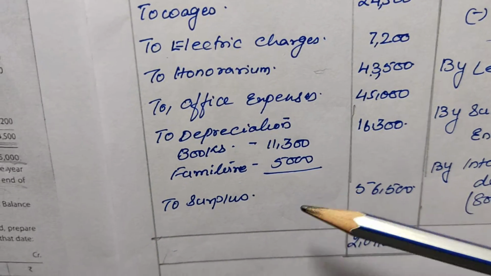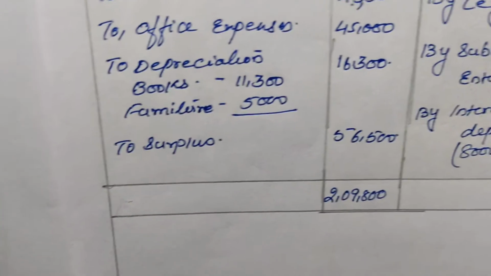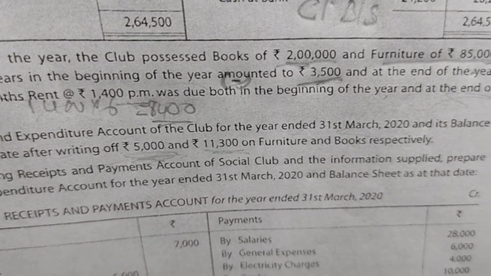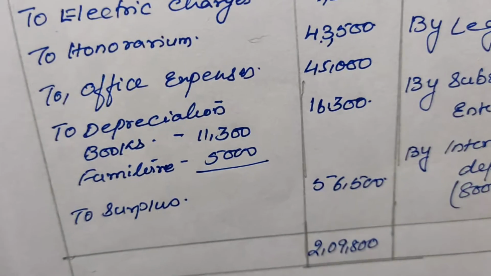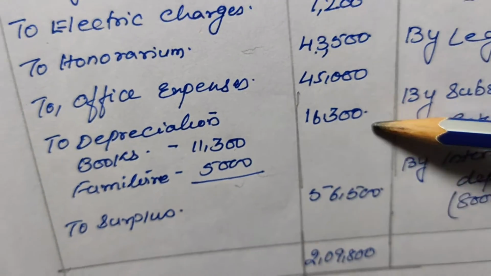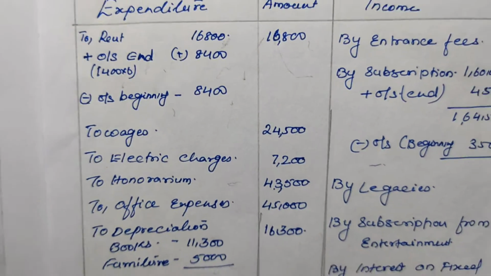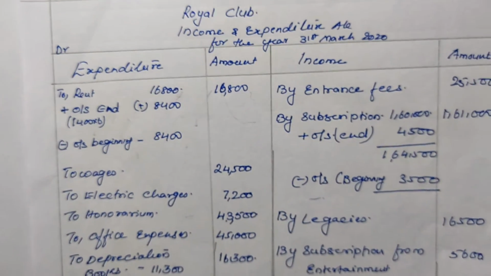Then the depreciation amount is given, so that amount we directly wrote here: depreciation of 5,000 and 11,300. We recorded books 11,300 and 5,000, total 16,300. So all the revenue expenses along with the adjustments will be recorded on the expenditure side.